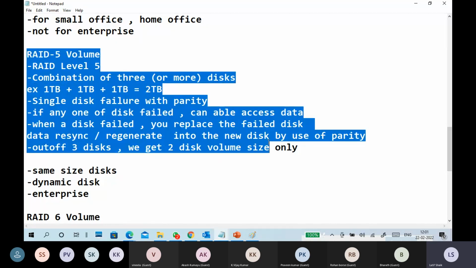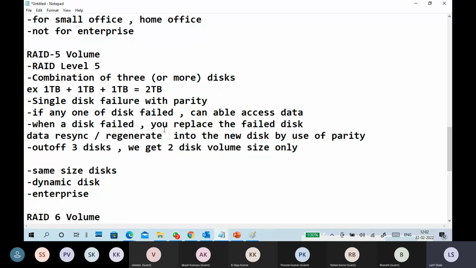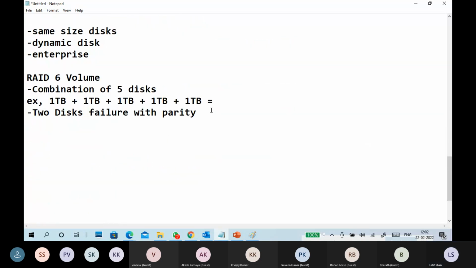Based on risk, organizational level and budget level, we suggest RAID 5 or RAID 6. If failures are more frequent, then we'll go with the better levels.